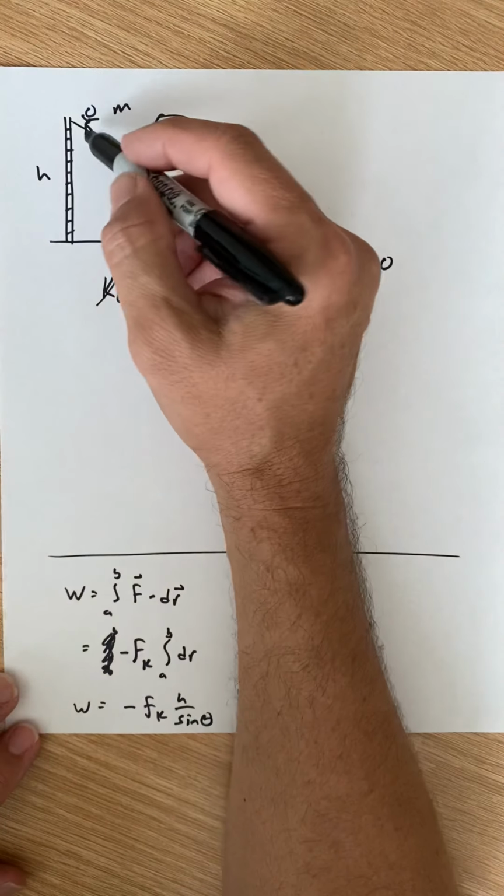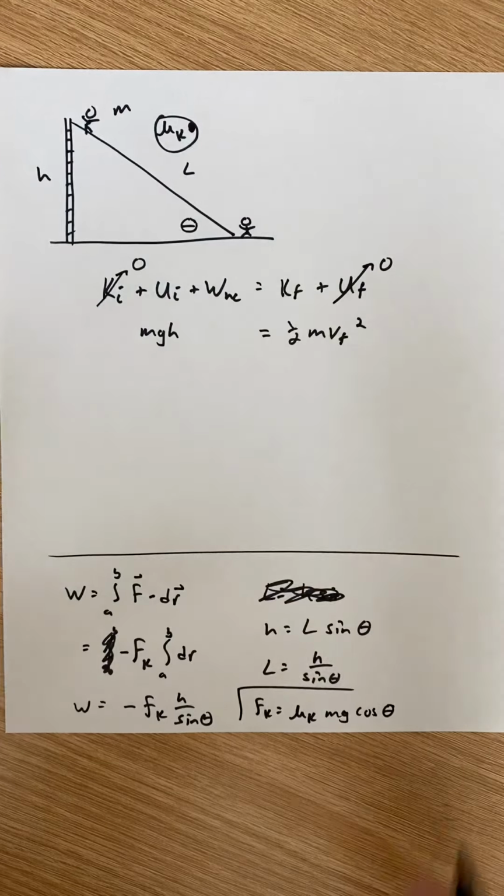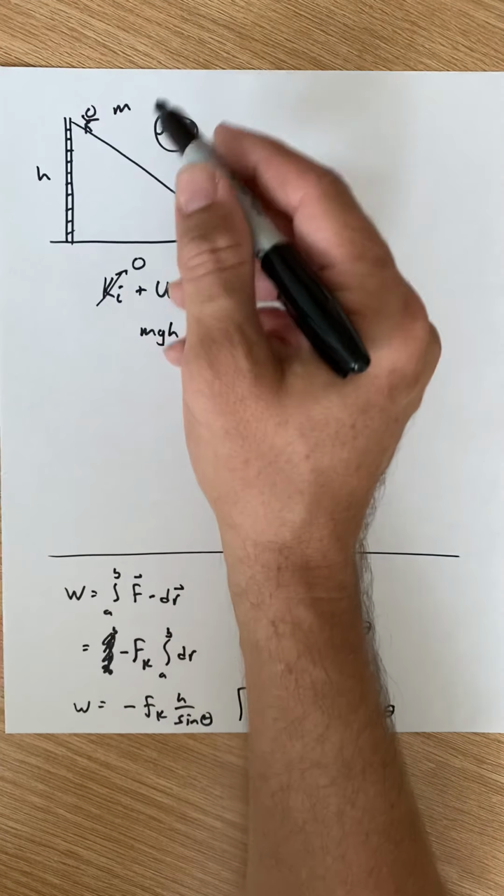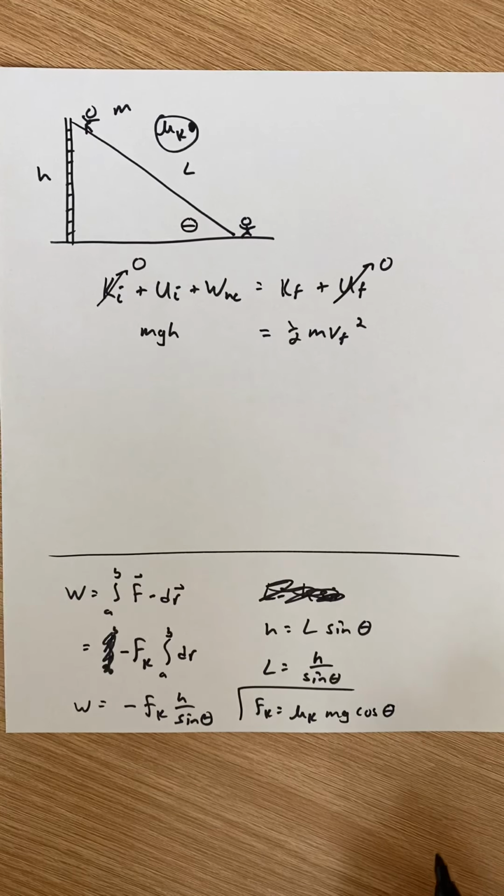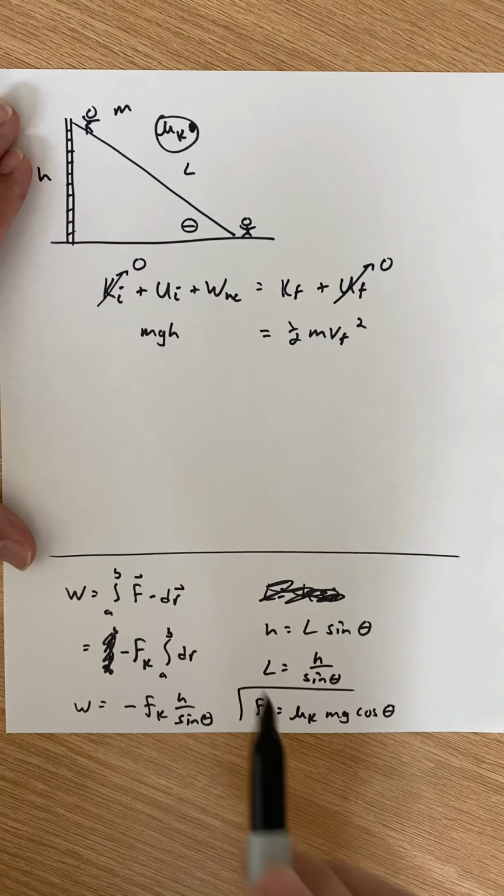But when I resolve gravity and the normal force and use Newton's second law to insist that there's no acceleration off of the ramp in the y direction, I'm going to get that the force of kinetic friction is mu k times the normal force, which is mg cosine theta. Now with that said, let me put that in here.